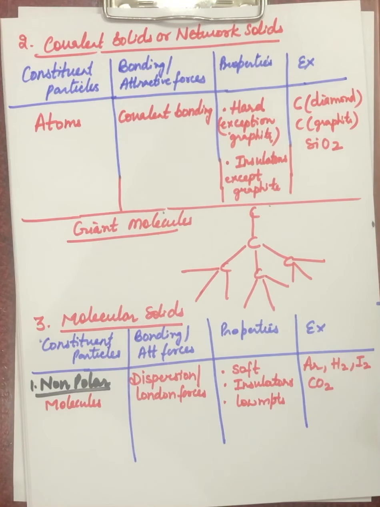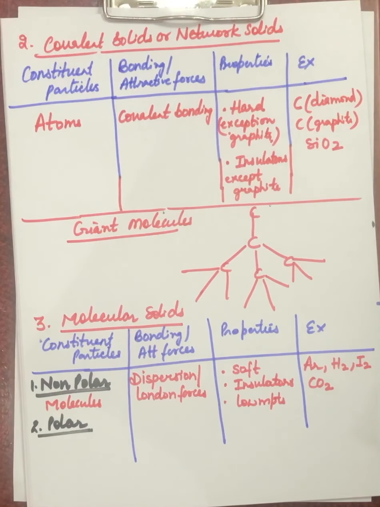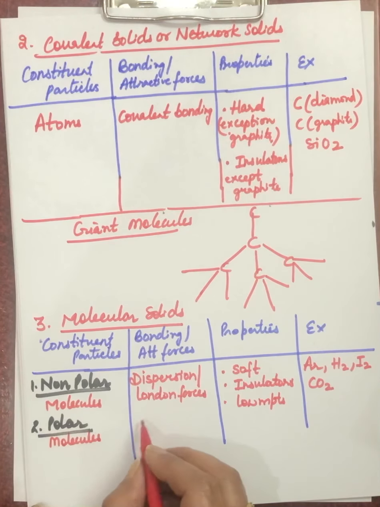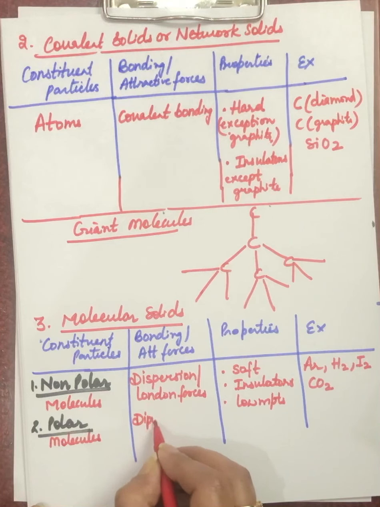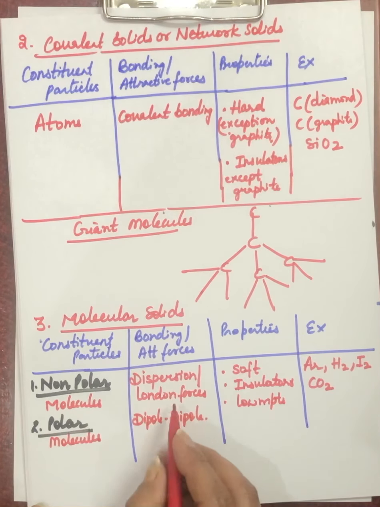After non-polar molecular solids, the second type of molecular solids are polar molecular solids. In polar molecular solids also, constituent particles here are molecules, but since these are polar, so there will be poles, and hence the forces are dipole-dipole interaction, little stronger than the dispersion forces.